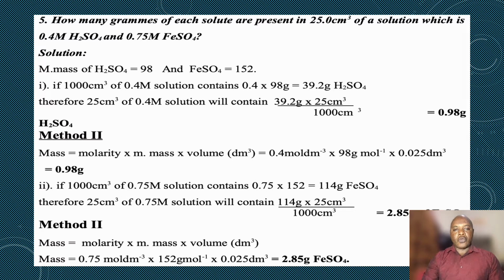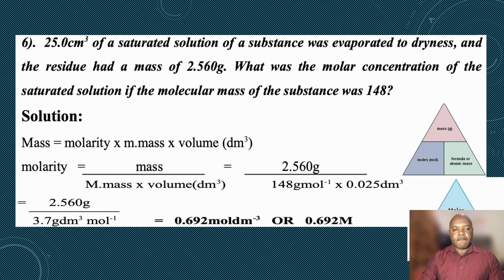So let's go to the next question. Question number 6 says: 225 cm cube of a saturated solution of a substance was evaporated to dryness, and the residue had a mass of 2.56 gram.